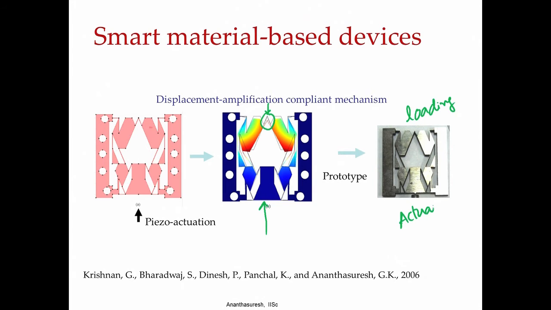In between you have what we can call transmission. So, this thing is transmission. So, compliant mechanisms can act like transmissions for smart material based devices. There are a number of applications related to this, and Professor Mary Frecker at Penn State University has pursued this angle quite a bit in her work.